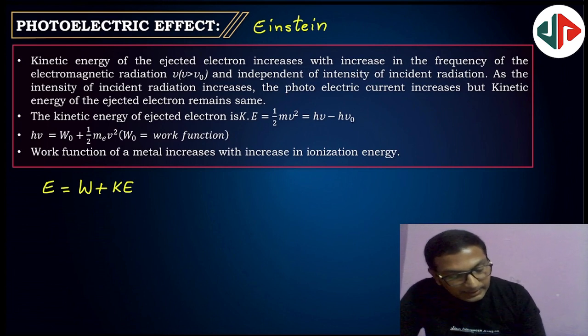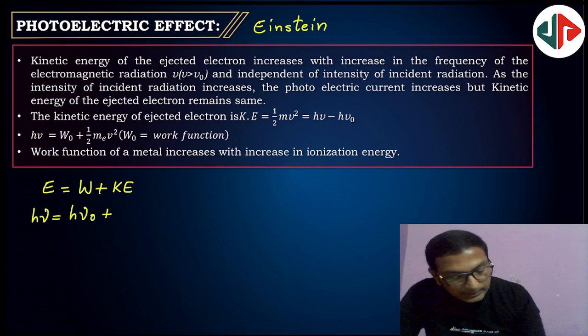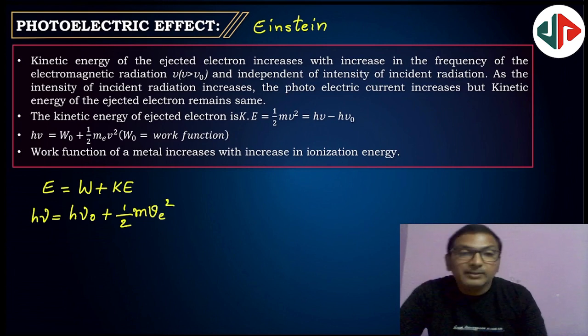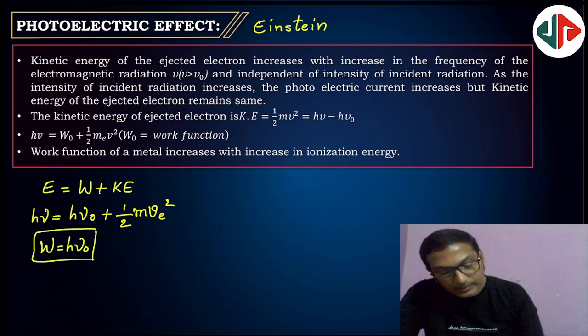In place of E, we can write h nu, energy of incident light, W, h nu naught, plus in place of K you can write half m v e square. Ve is velocity of ejected electron from metal surface. So nu is the frequency of incident light, nu naught threshold frequency. So here W can be written as h nu naught, which is threshold energy or work function.